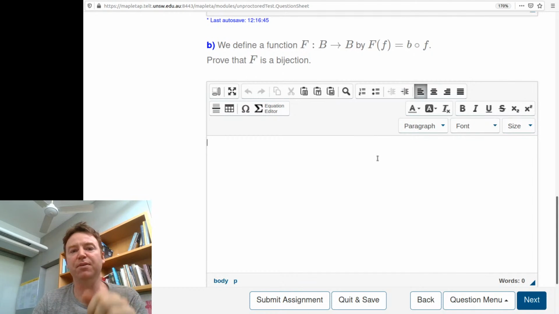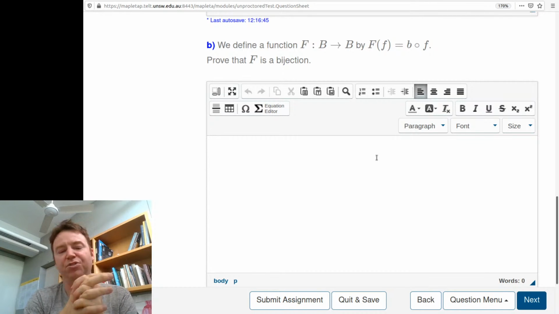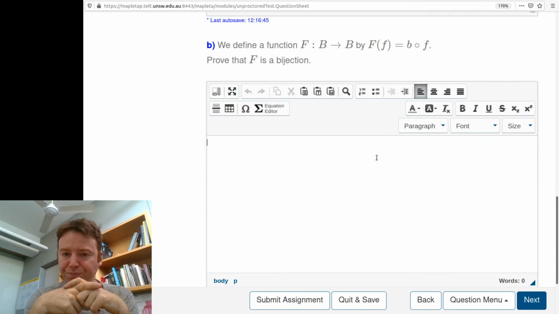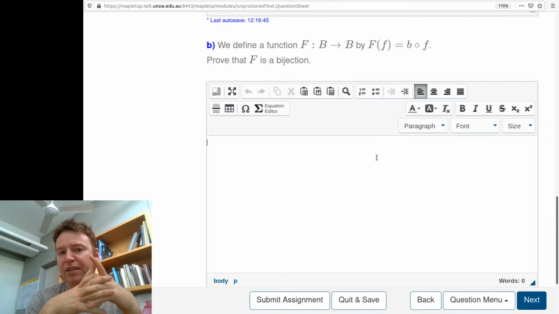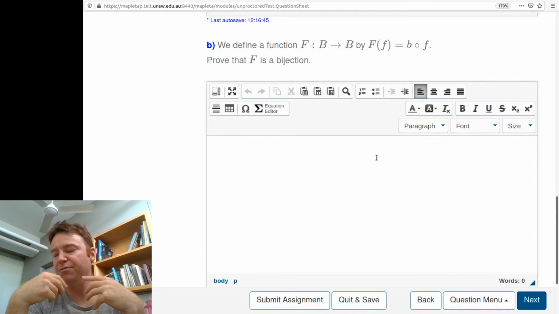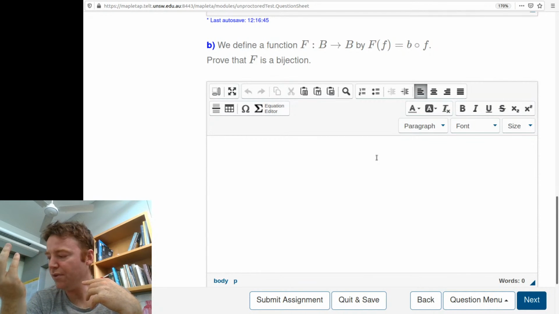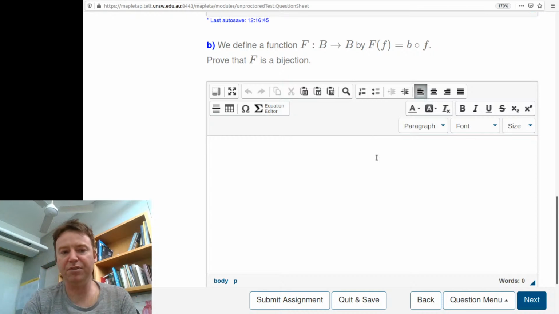Prove that F is a bijection. Okay, so let's just consider what this one actually means. We've got function composition here. Okay, so let's do this in two parts.